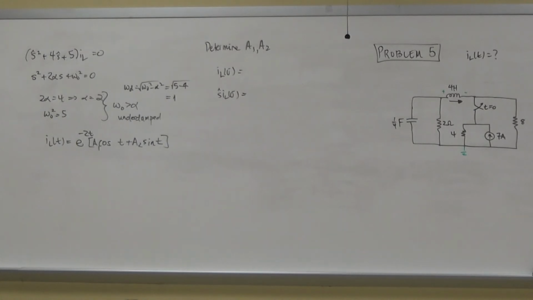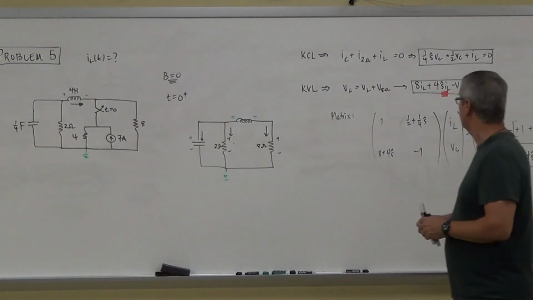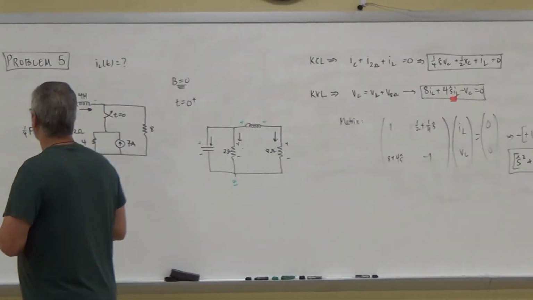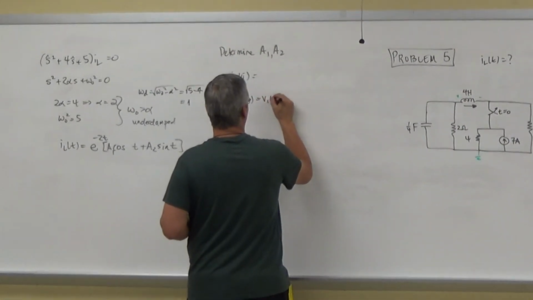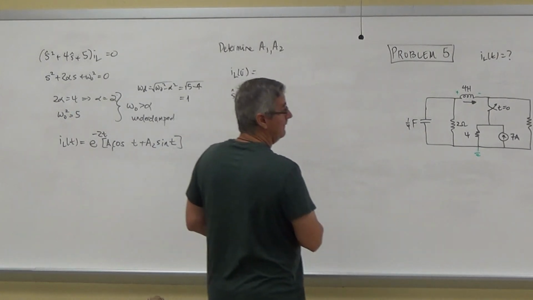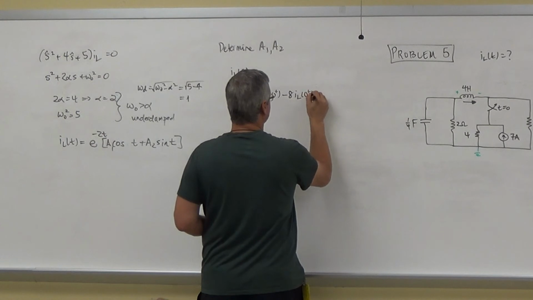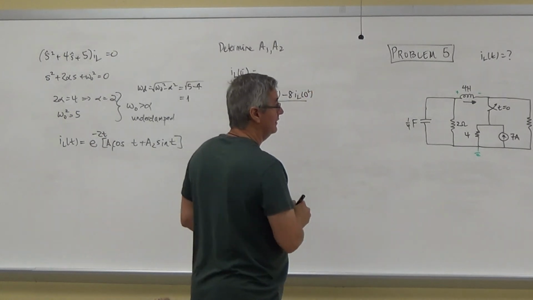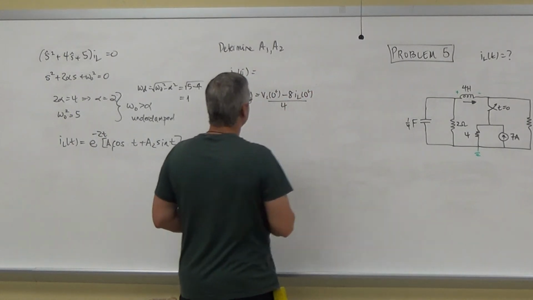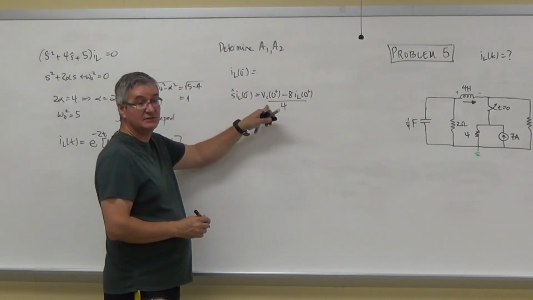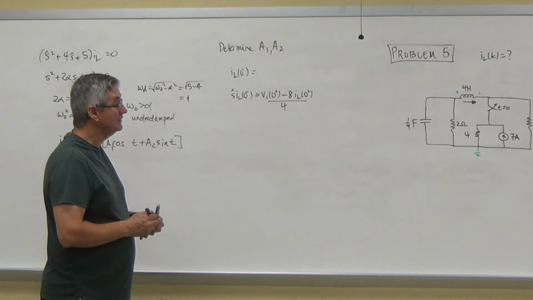So that means that's the one I got to use. So when I look at this guy here, I'm going to get what? VC of 0 plus minus 8 IL of 0 plus divided by 4. So you can see that I have to get not only this, but I got to get VC of 0 plus. So now, let's go look at the circuit.